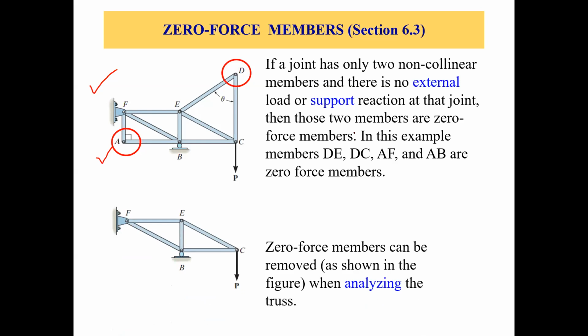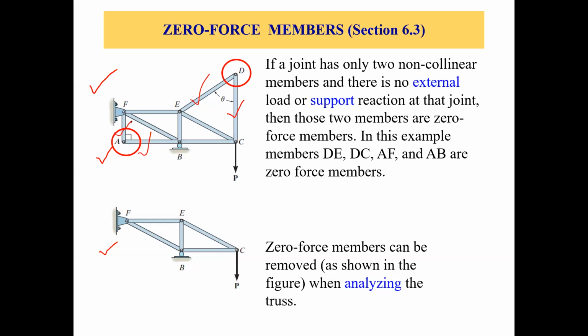Before we look at the second condition, zero force members can be removed as shown in the figure when analyzing the truss. This bottom figure is the same truss as the top, but we have taken out member CD, member DE, member AB, and member AF.